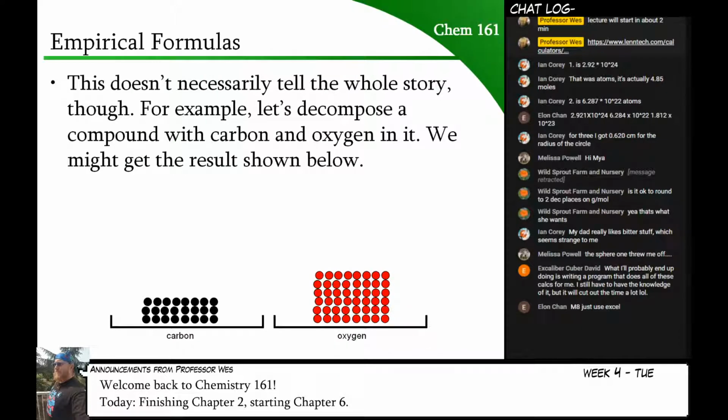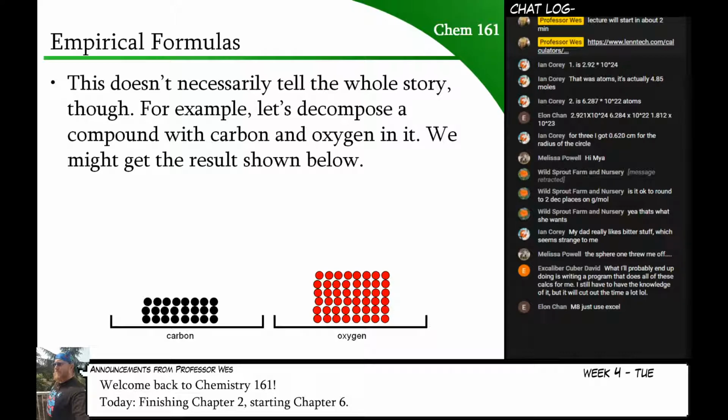On the screen, I have a picture of some compound that has carbon and oxygen in it. And you could assume that I decompose some number of molecules, and this is the result that I get. I have these bins that I just collect carbon and oxygen in. Now, you could tell right away by just looking at the picture that there's twice as much oxygen as carbon.